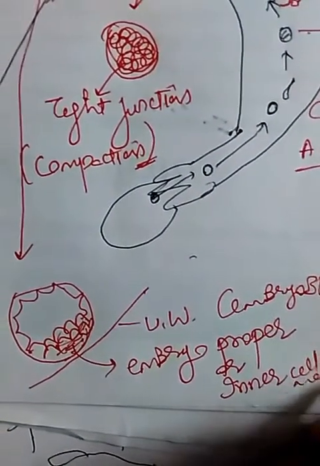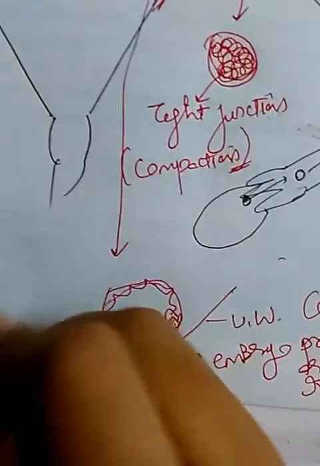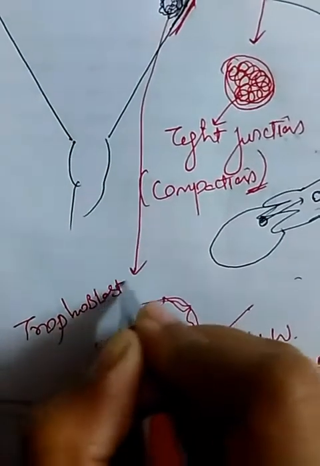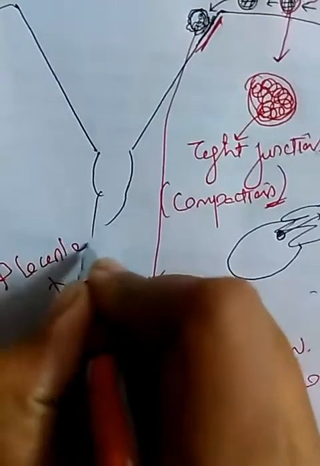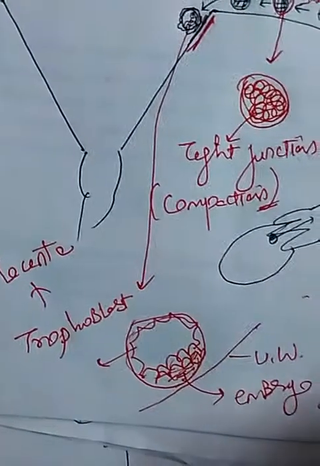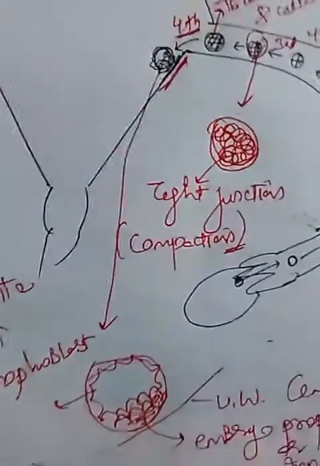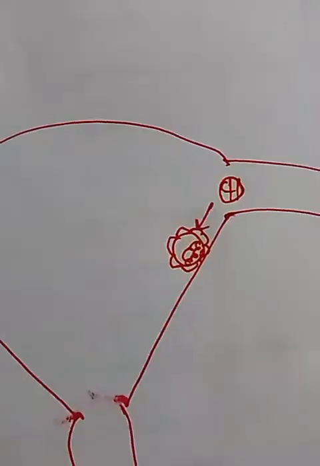Whereas this outer layer forms the trophoblast, which then gives rise to the placenta. Okay, clear? So this was all about the blastocyst formation.